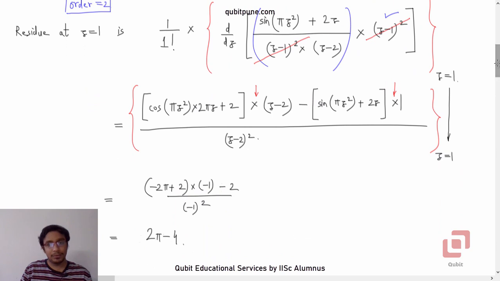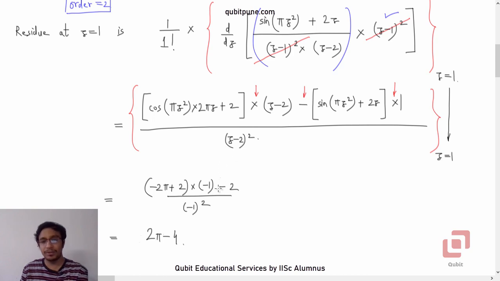So now what remains to be done is the substitution of z by 1. Okay, so let's put it everywhere. First term will be cos of pi, which is minus 1, into 2 pi z, so into 2 pi, so minus 2 pi, keep this as it is, into minus 1. Okay, so 1 minus 2, so minus 1, minus sine of pi z squared, sine pi is 0, so this will just be minus 2 because of the negative sign that is present outside.